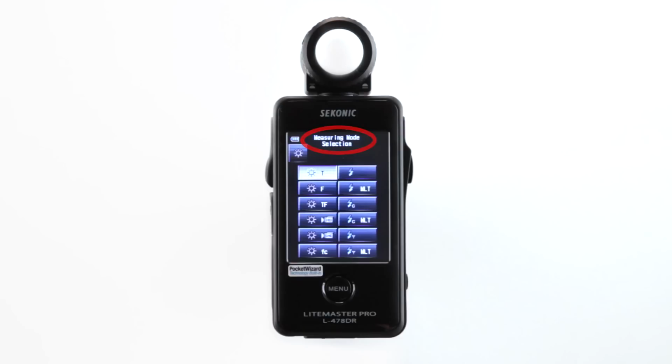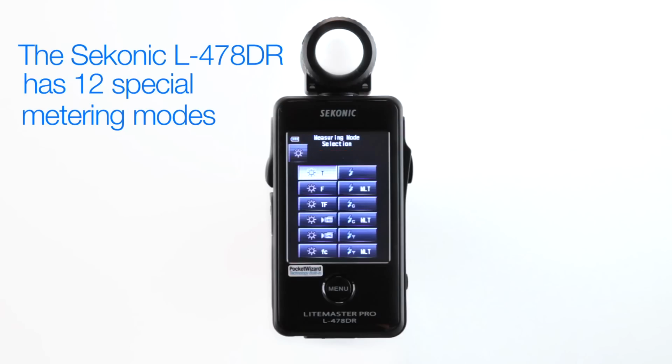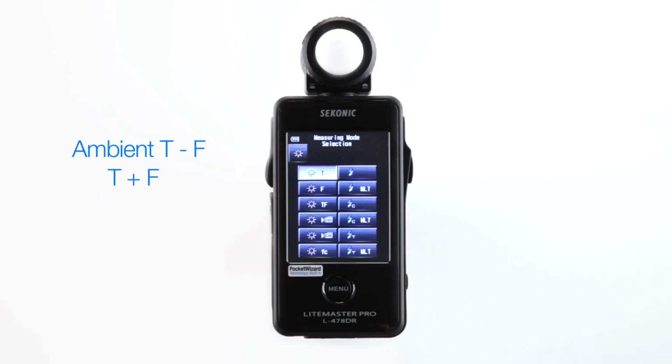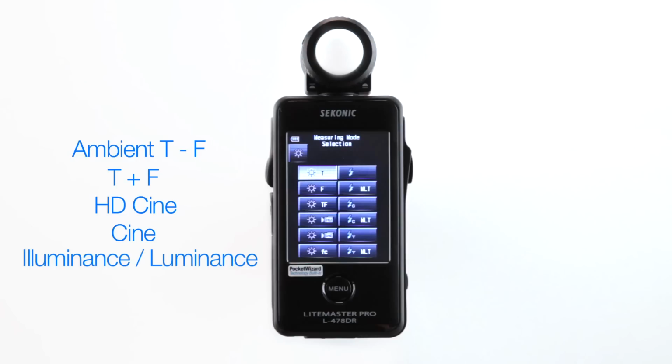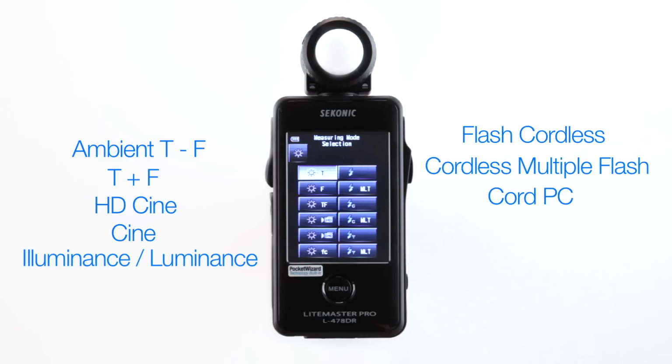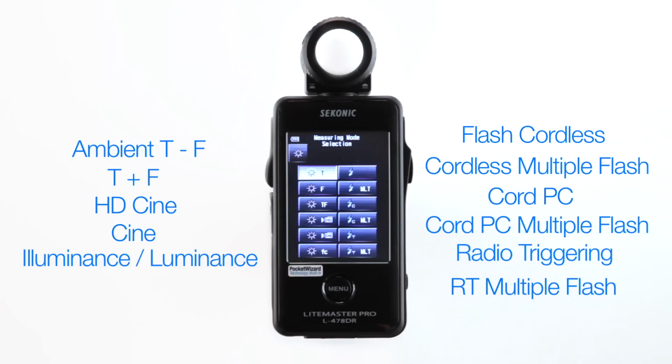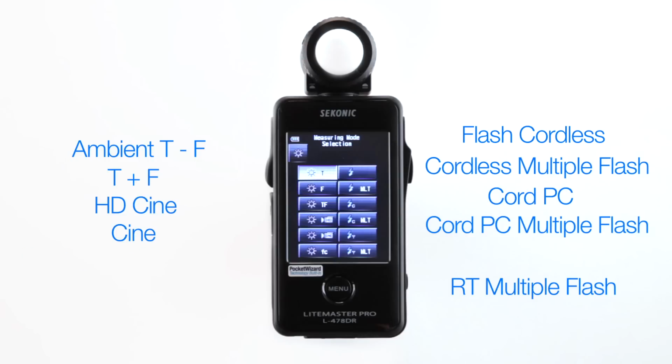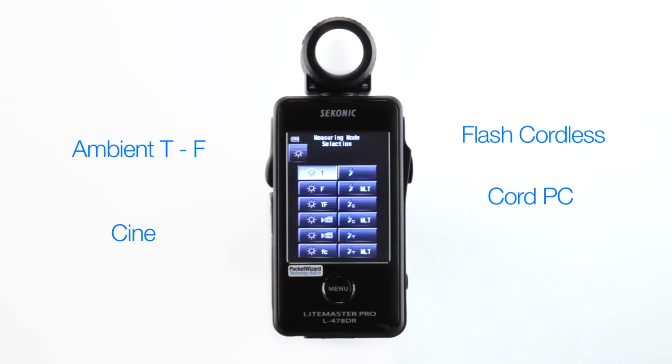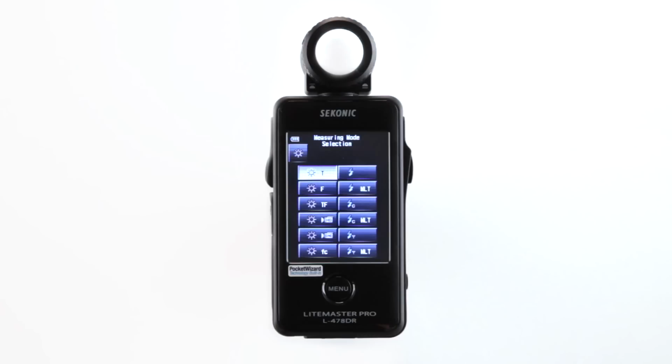The Sekonic L-478DR has 12 special metering modes, all displayed here: Ambient T, F and T plus F, HD Cine and Cine, Illuminance, Luminance, Flash Cordless, Cordless Multiple Flash, Cord PC Multiple Flash, Radio Triggering, and Radio Triggering Multiple Flash. This is the standard default setting, but you can also unselect those modes that you don't use often from the Custom Settings menu. Let's start with Ambient Mode.